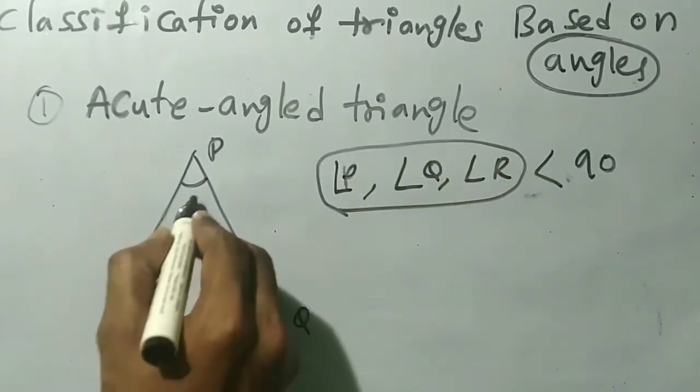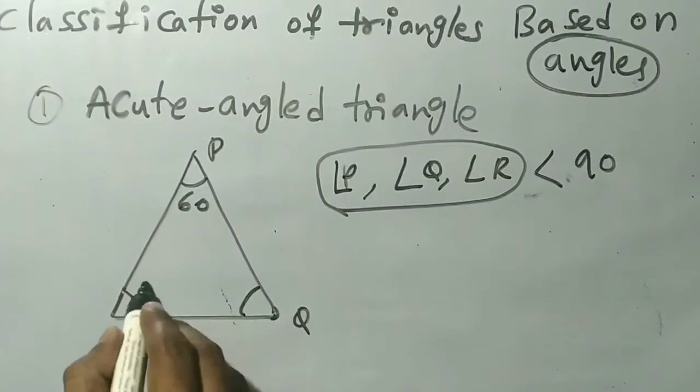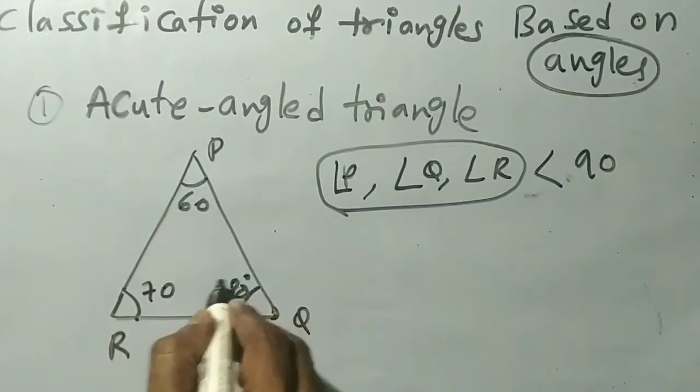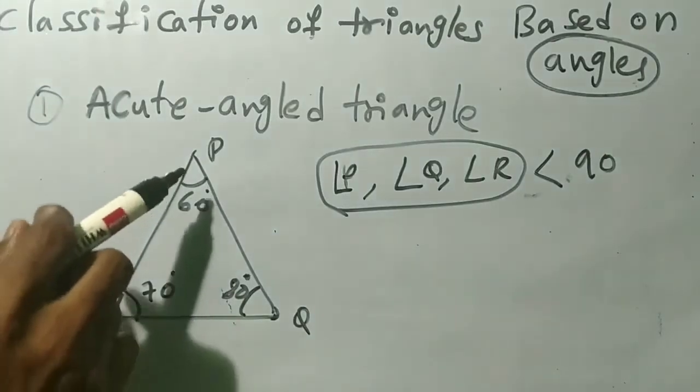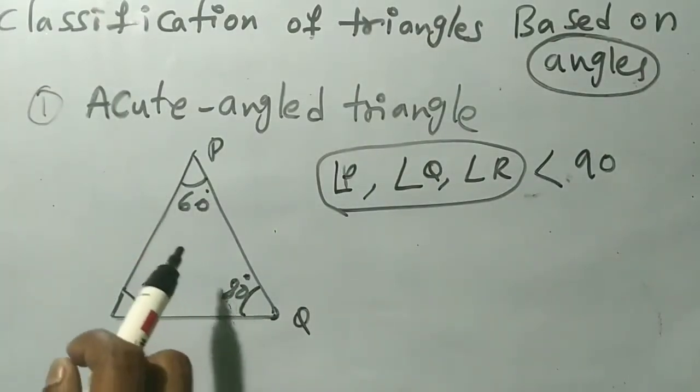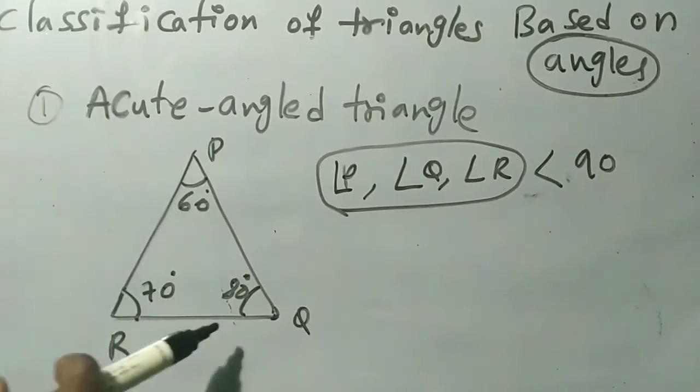Let us consider this is 60, this is 70 and this is 80. So this is an acute angle triangle because all three angles in the triangle are less than 90. Then it is said to be an acute angle triangle.